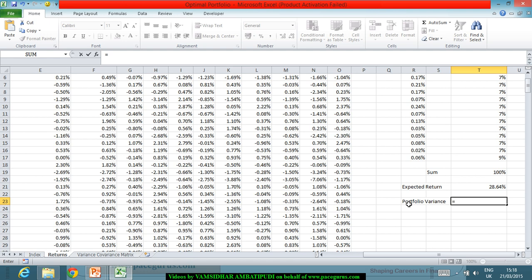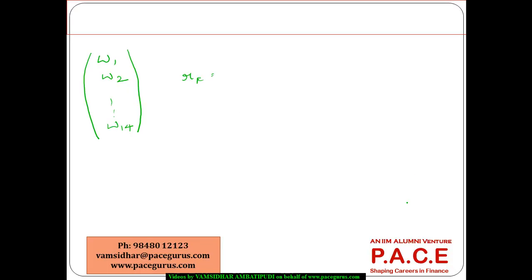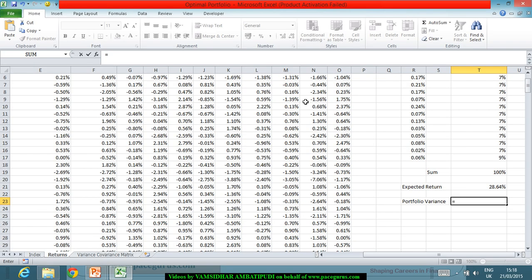The simple way I get the portfolio variance is I take the transpose of the weights, multiply it with the variance covariance matrix, and again multiply it with the weights. These are three matrices. The multiplication of these three matrices gives me the variance of the portfolio.